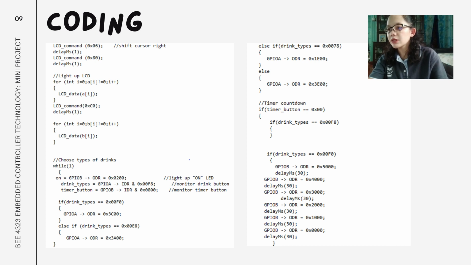If the drink type is at the 0x00F8 condition, the timer will not display anything. And if the drink type is at 0x00F0, 0x00E8 and so on condition, the timer will display and it will start the countdown. And this is the void command LCD, void command LCD data, and void delay MS.